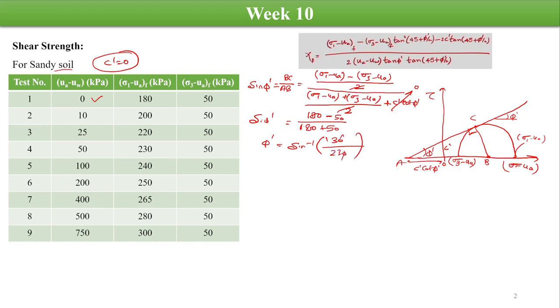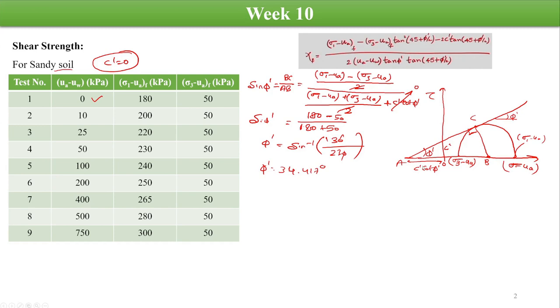Let's calculate this value. It will be sine inverse of 130 divided by 230, and it will be nothing but 34.417 degrees.